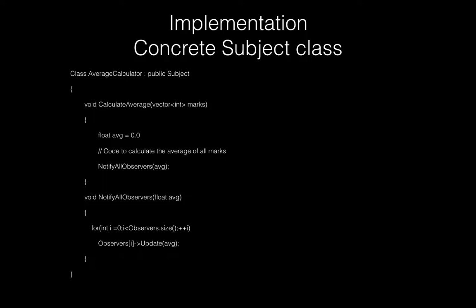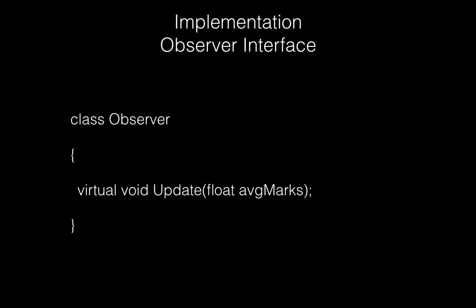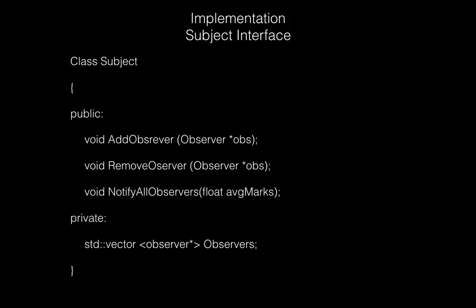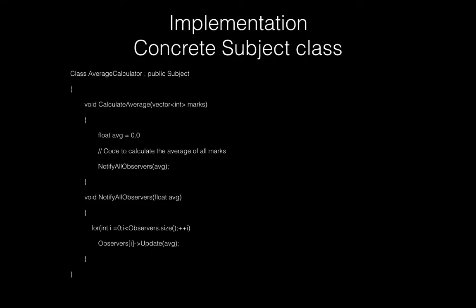So here we are not showing the implementation for add observer and remove observer. Instead let's see the implementation of a method called calculate average. So here it has a float member called average.